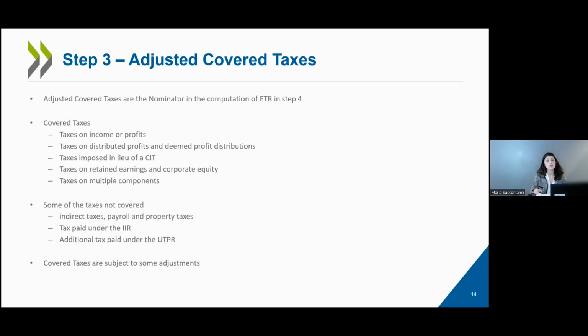And another goal that the rules want to reach is that the covered taxes represent taxes that are actually paid within a 3-year period. And this is why uncertain tax positions are excluded from the numerator when accrued, but are considered when actually paid.